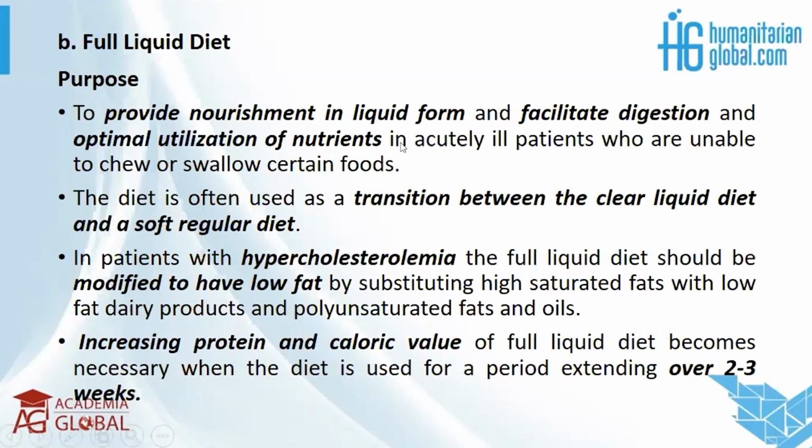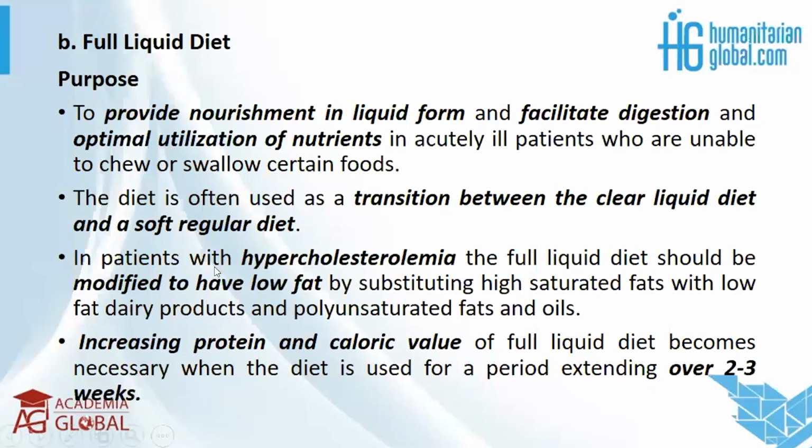We are trying to give almost all the nutrients in liquid form, but at the same time you are paying attention to make sure that you facilitate digestion and optimal utilization of those nutrients provided in the diet, in acutely ill patients who are unable to chew or swallow certain foods. This diet is usually used as a transition between the clear liquid diet, the one we have talked about, and a soft regular diet, which the patient can go to after this diet.